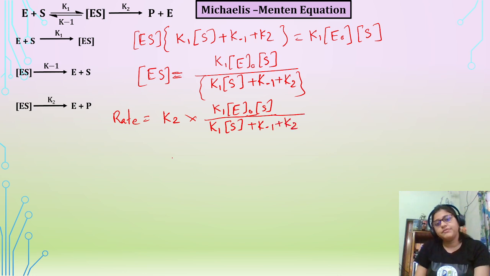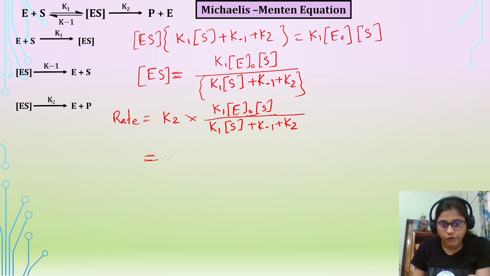Now for simplification, and because we have one important term here that we should derive, we divide both the numerator and the denominator, all terms, by K1.